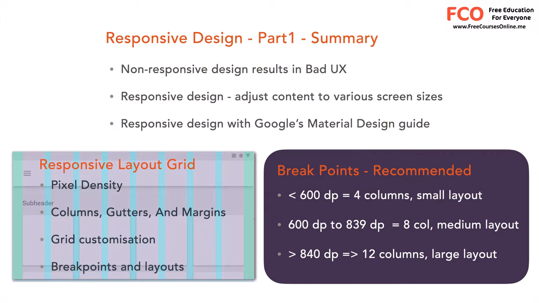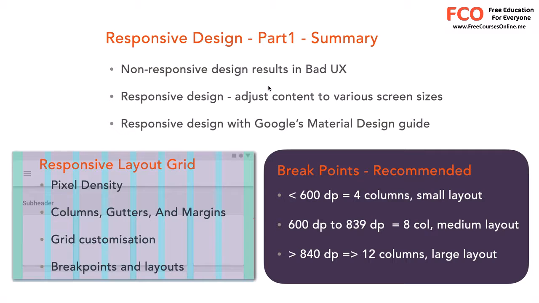So, to summarize what we learned in this session, we looked at what kind of problem a non-responsive design will result in, and how to better design using responsive design principles. And we are actually going with Google's material design guide because it is solid and covers many scenarios.